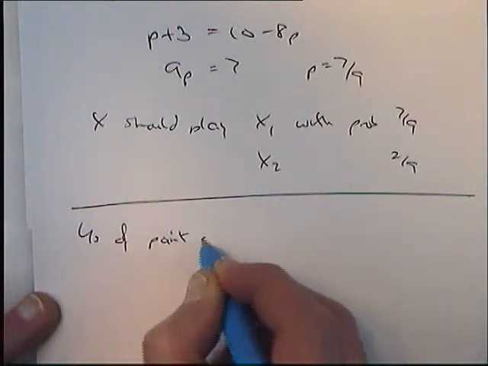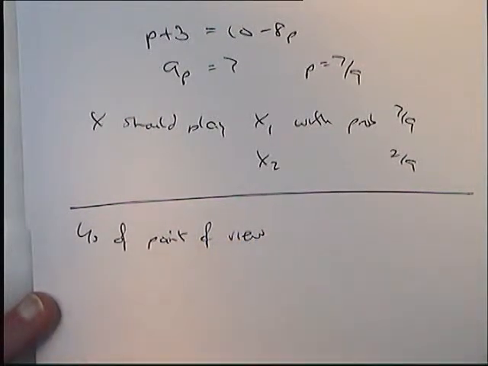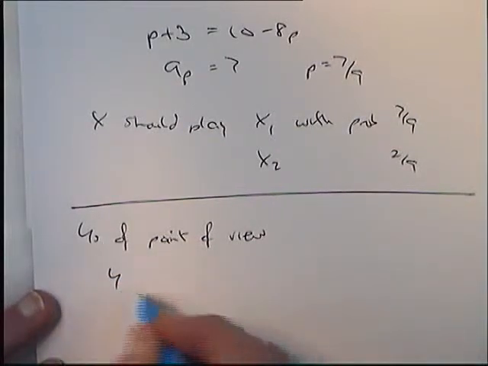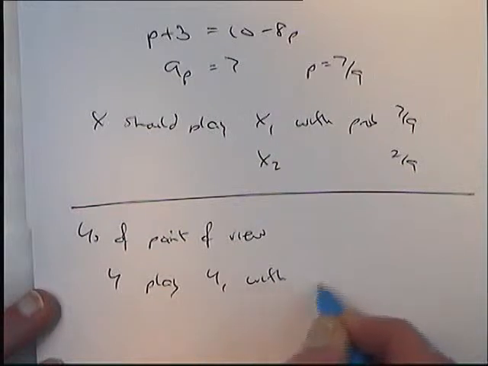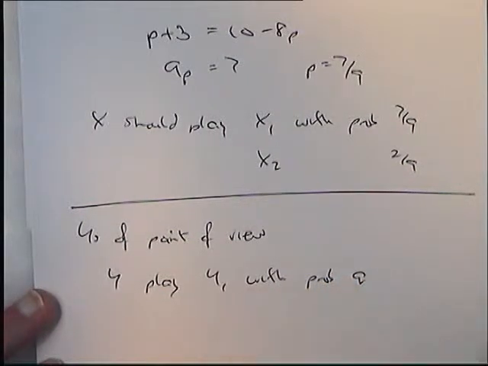So if we look at this now from y's point of view instead, let's say that y will play strategy y1 with probability q, and will play strategy y2 with probability 1 minus q the rest of the time.